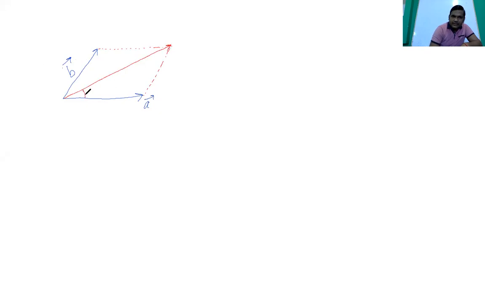Let's say this is your beta angle, meaning the resultant is making an angle beta from here. We marked O, A, this was your B, and this was your C, and we have drawn a perpendicular from here to the extended line. Mark it D.